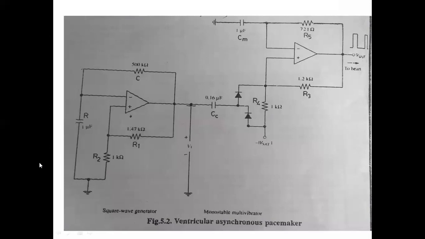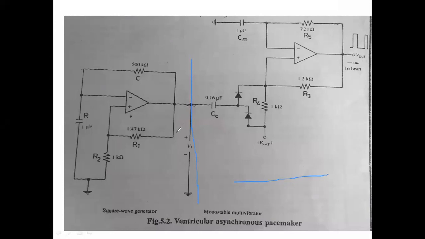If you consider the first part of the system, here we have two operational amplifiers. This first part is a square wave generator, and this one is a positively triggered monostable multivibrator.